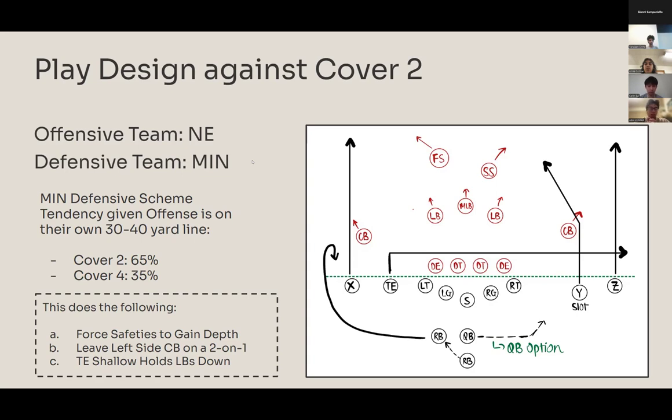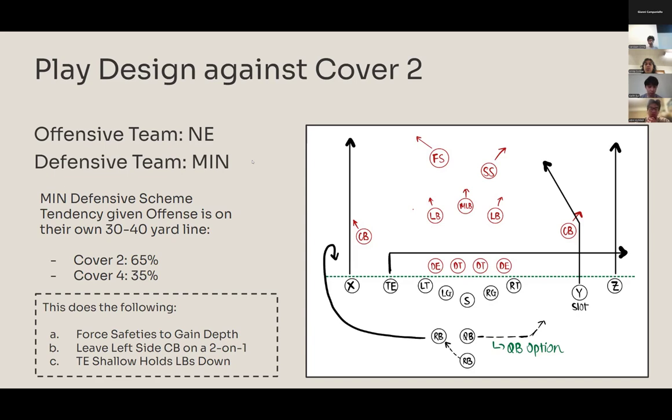And lastly, if all of those options are taken away, we could hit Hunter Henry on the crossing route over the middle. For the reasoning behind it, one of the highest EPA plays against two-high safety was the R2 running a post, so the second receiver from the right side running a post. Verticals as well had the highest EPA against cover two.